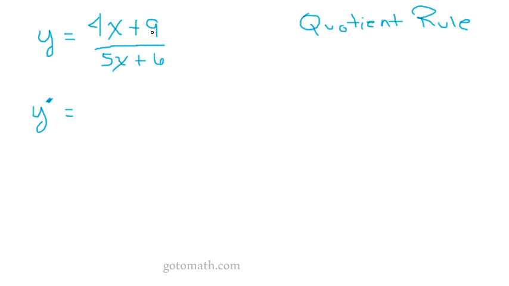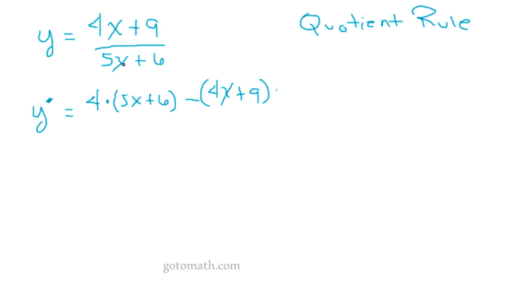We take the derivative of the numerator first. So the derivative of 4x plus 9 is 4. Right, the derivative of 4x is 4 and the derivative of 9 is 0. And then we rewrite the bottom. Of course, we'll have to put this in parentheses. Minus, put a minus sign, then rewrite the numerator, 4x plus 9.